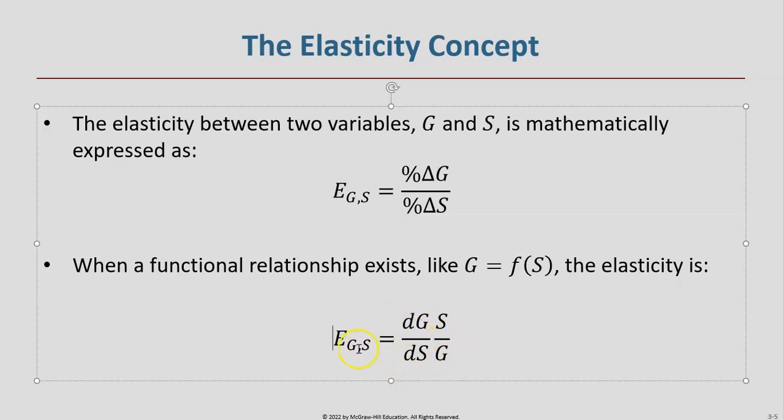So the elasticity between G and S is equal to the change in G divided by the change in S times the point at which the relationship is evaluated. Okay, so any pair of S and G combinations could be plugged in to calculate elasticity.